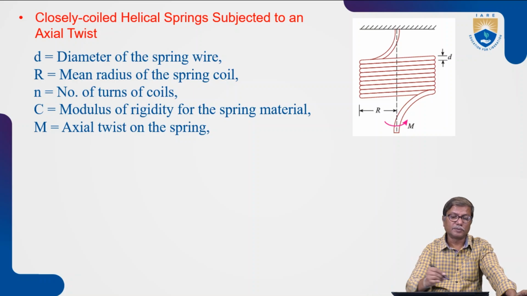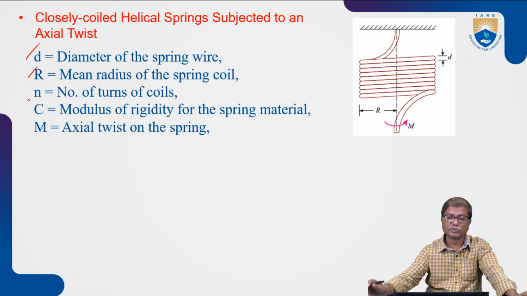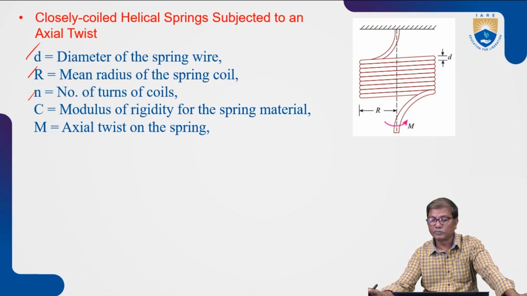The notation is same. Small d, capital D, they are the diameters. Capital R is coil radius, and n is the number of coils, and c is modulus of rigidity.